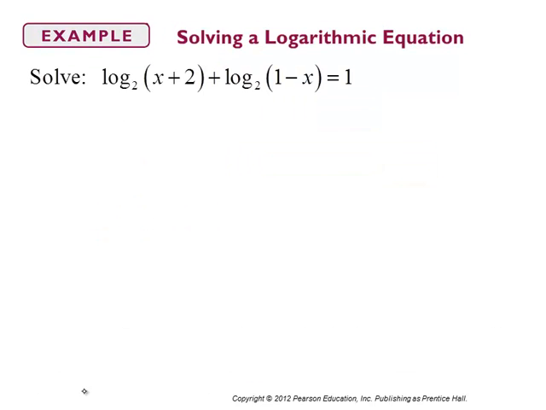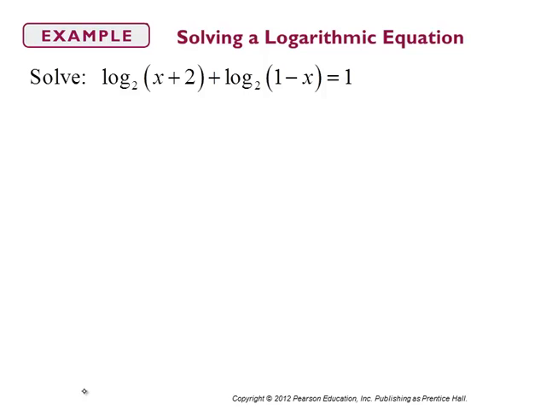All right, here's our next problem. We have this equation involving log base 2. So we have log base 2 of x plus 2 plus log base 2 of 1 minus x is equal to 1. So what does x have to be in order to solve this equation? Think about all the properties of logarithms that you can use.